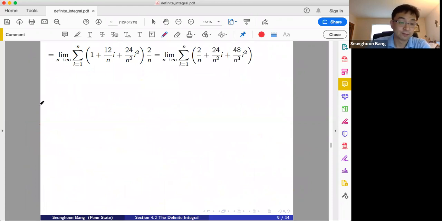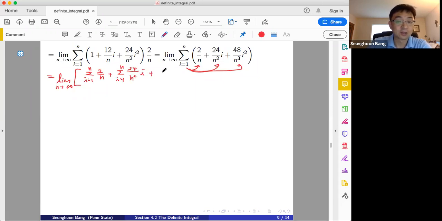So next, distribute the summation. This is a limit as n approaches infinity. So we have summation i equal 1 to n of 2 over n, plus summation i equal 1 to n of 24 over n squared i, plus summation i equal 1 to n of 48 over n cubed times i squared.